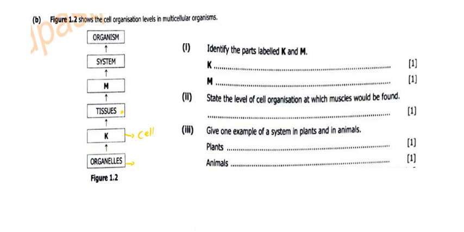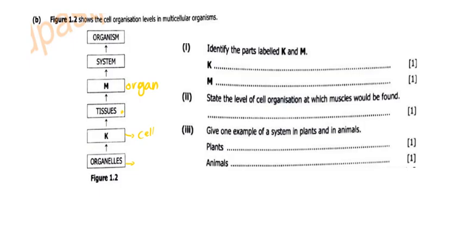A group of tissues performing similar functions contributing to the same goal make up an organ. A group of organs performing similar functions contributing to one goal make up a system. And a group of systems contributing to one goal make up an organism.